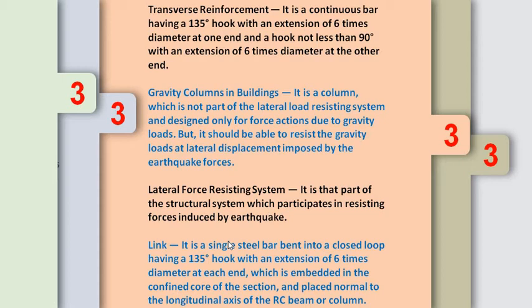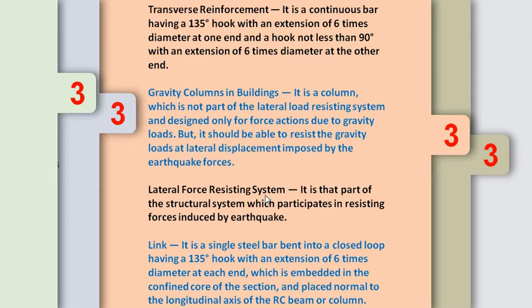Now, the second term is gravity column in building. It is a column which is not part of the lateral load resisting system and designed only for gravity action. Which action? That is axial force, shear force and bending moments due to gravity loads only.